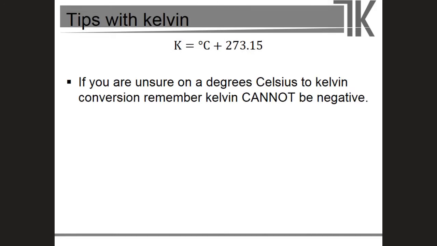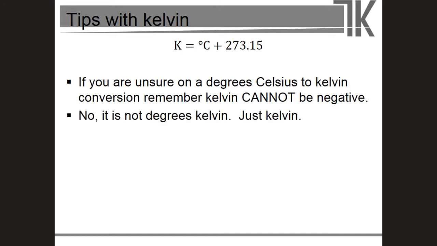Kelvin has an absolute zero. Kelvin cannot be negative. So if you're unsure on degrees Celsius to Kelvin, just remember that Kelvin cannot be negative. And that means because Celsius can be negative, our temperature in Kelvin should always be a bigger number than our temperature in degrees Celsius. So that's a good double check to see, did you add it the right way or subtract it the right way?